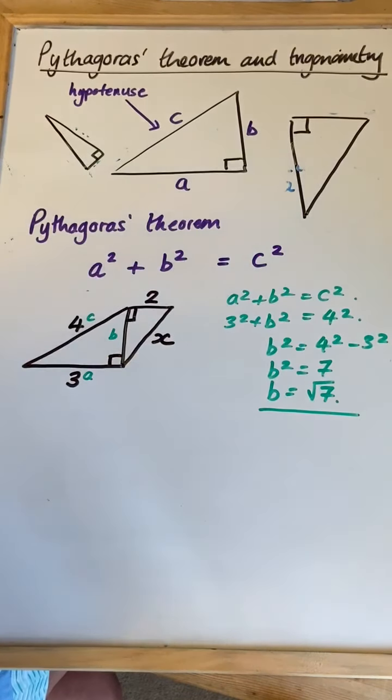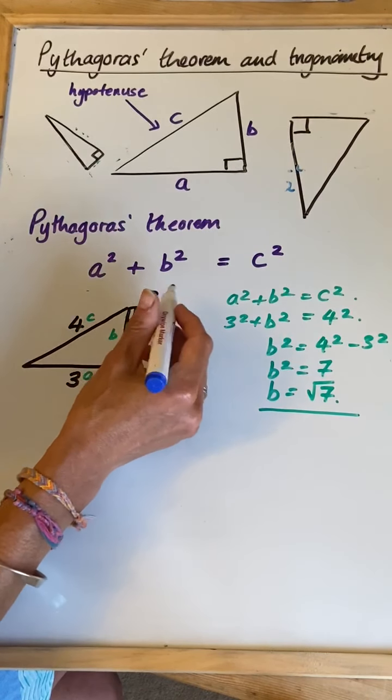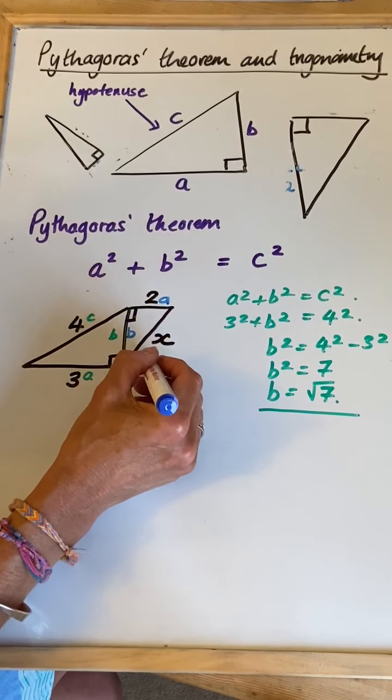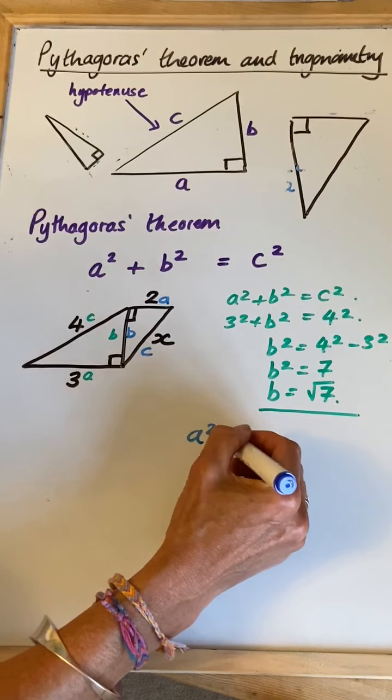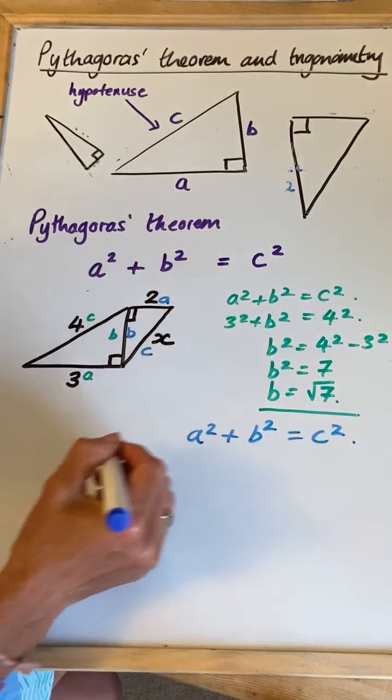Okay, gents. What I'm going to do for the second part of the question, I'm just going to change colour pen. I'm going to say for this part of the question here, that side A, that can still be side B. That's my side C. So again, Pythagoras' theorem, a squared plus b squared equals c squared.